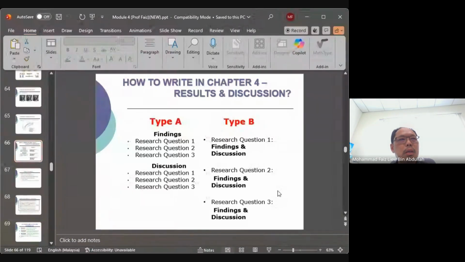I think UTHM has not implemented it yet. Other universities like UTEM have implemented it, but two externals are appointed and only one has to be present during the viva. The other only submits a report. So there are some differences between universities in how they do the viva session.